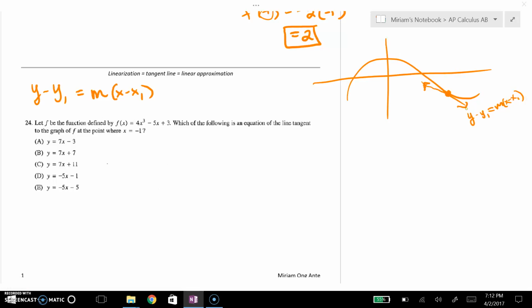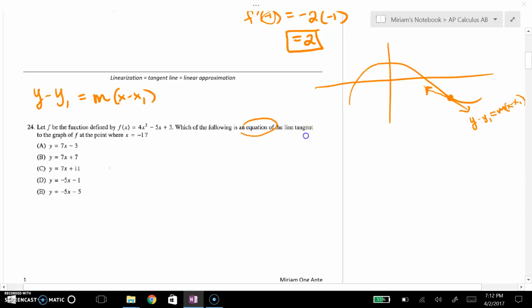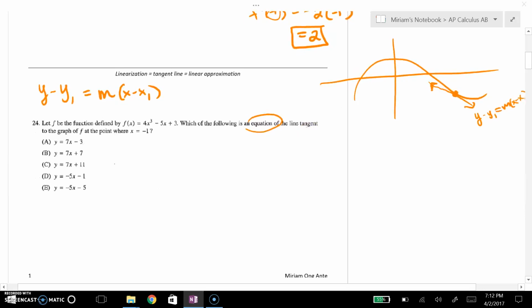Okay, so let f be the function defined by f of x equals 4x to the third minus 5x plus 3. Which of the following is an equation of the line tangent to the graph of f at the point when x equals -1. So a few things.